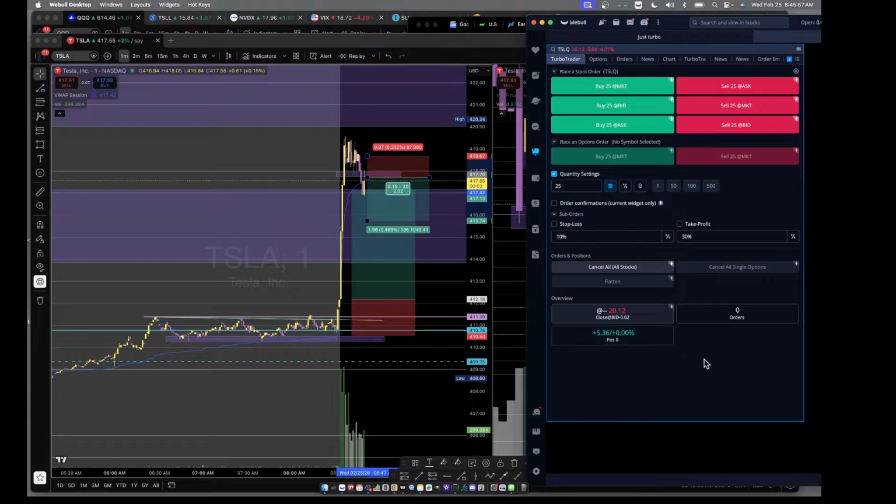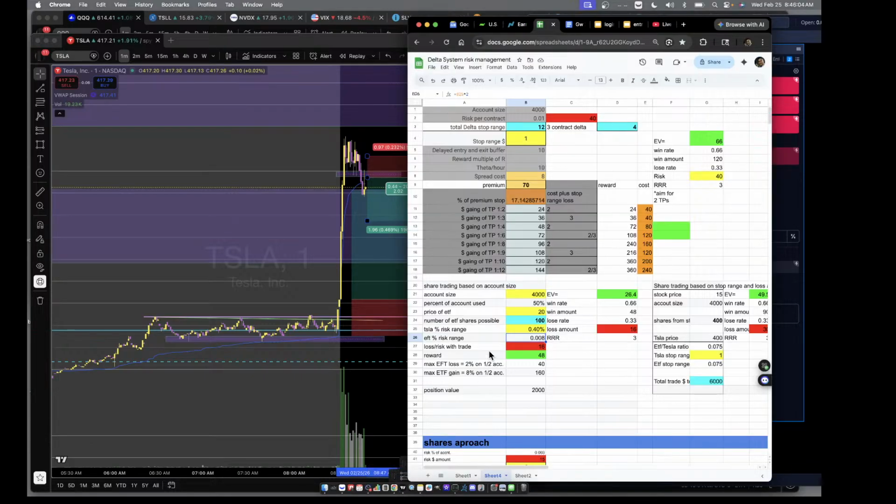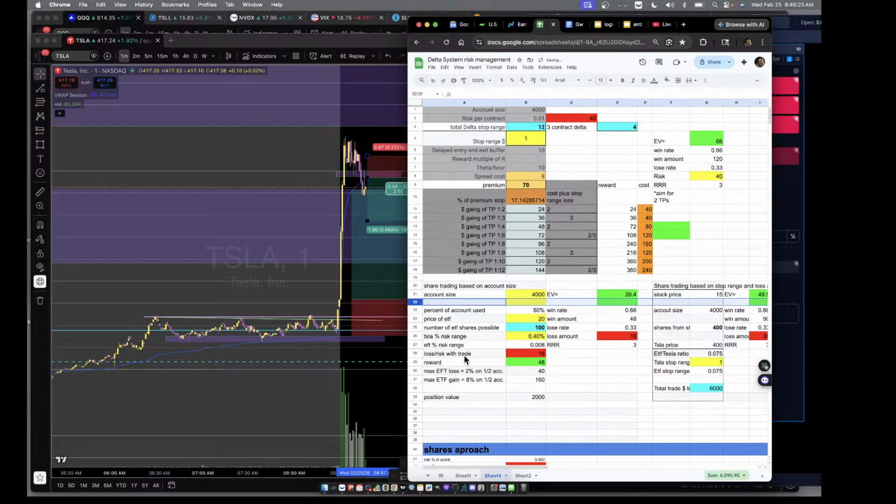Basically done trading. I need to solve this problem. I'm only risking... I should go based off my risk, right? My risk automatically should be... yeah, I need to solve for account risk per trade.